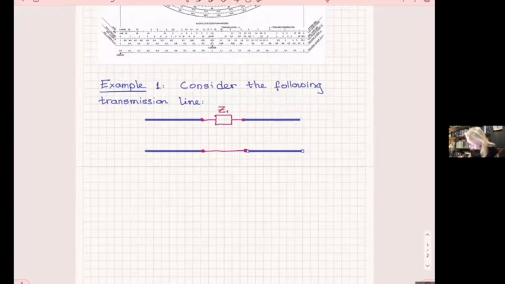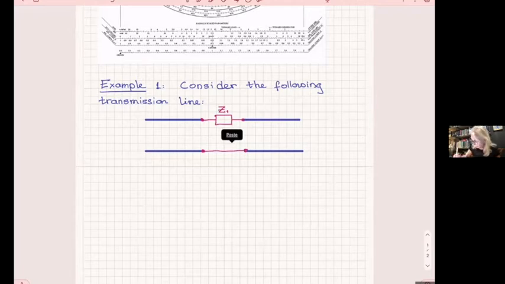The thin lines are the way we use them in circuits. They don't mean anything. It's just how we lay the circuits down on paper. Whenever you have thin wires like this one, as you know from circuits, they have no length.